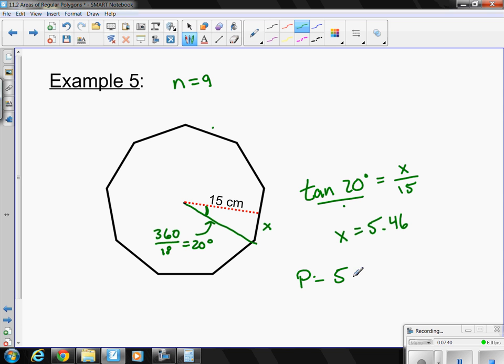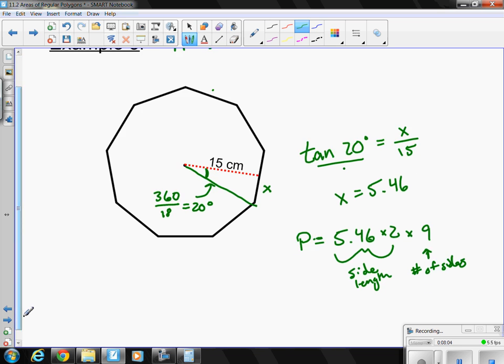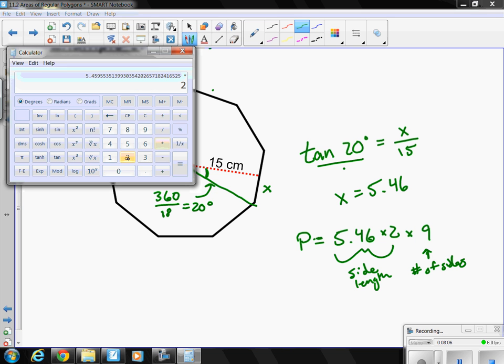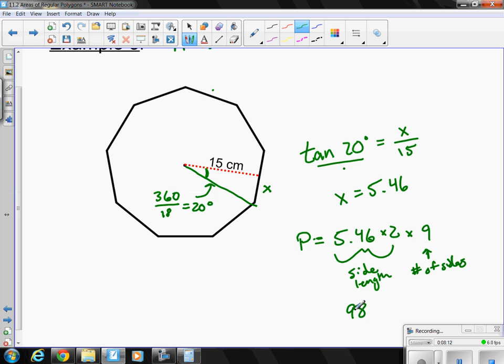And now I have to double it and then multiply it by 9 to find the perimeter. So my perimeter is going to equal 5.46 times 2. That tells me the side length. And then if I multiply that by 9, the number of sides, I'm going to get my perimeter. So times 2 times 9, I get 98.27 centimeters.